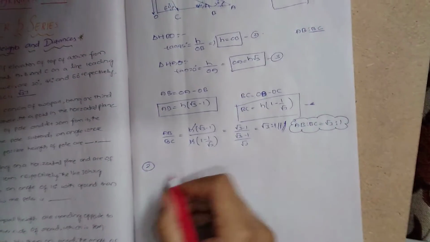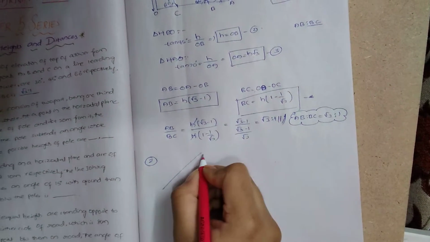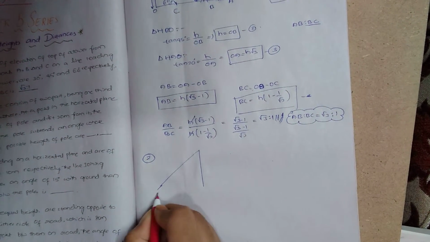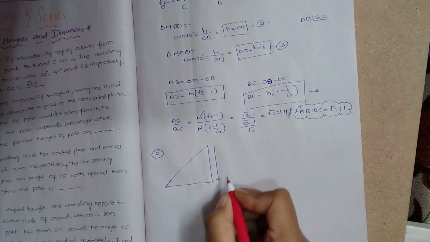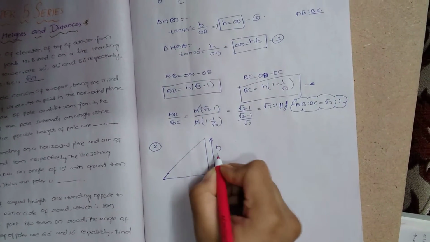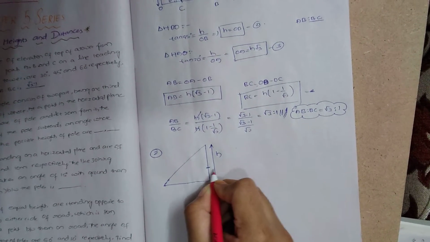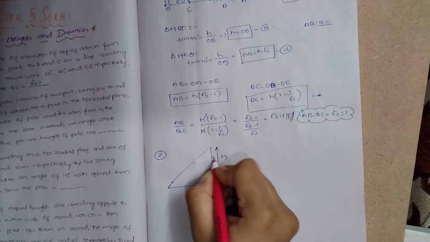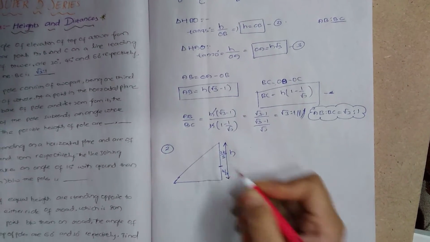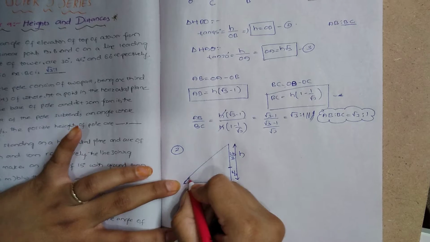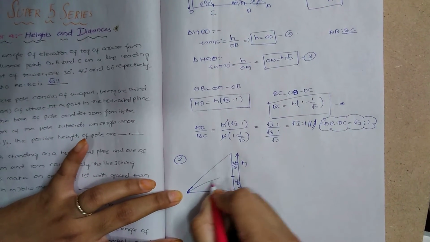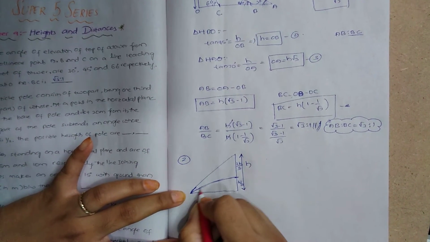Let's draw the diagram. Well, okay, let us consider this total to be H. Then 1/3 of H will be H by 3. The other part will be 2H by 3. Yes, from here what is he saying? It subtends an angle.